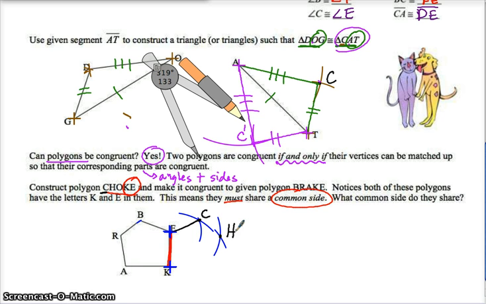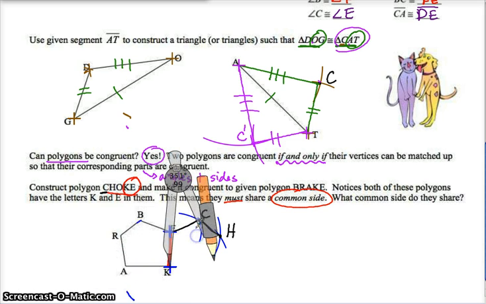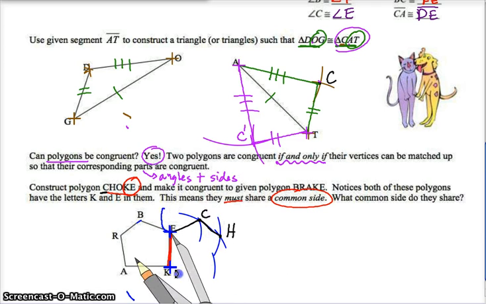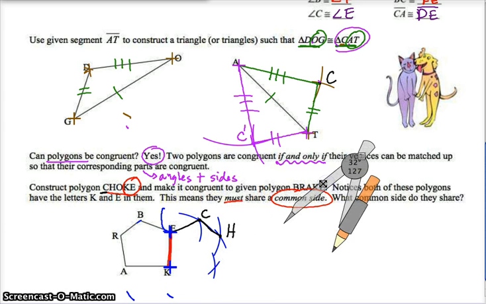And you have to do it one more time. So now I put my compass point back here on K, move it down, open it to letter A, scoop around, and then I can put it up here on E, move my compass, open it up, scoop around, and so that is my letter O.